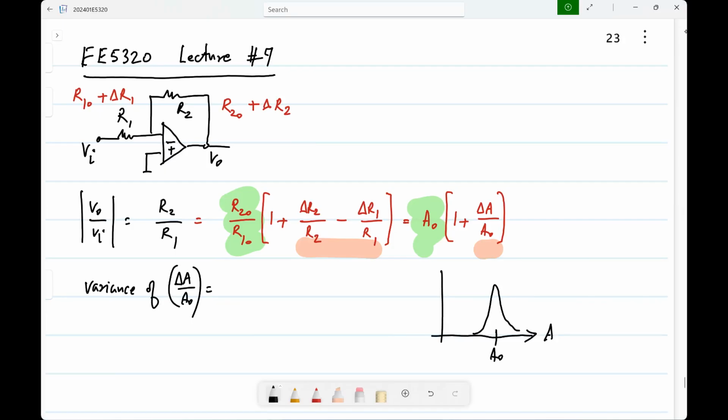So we assume, and this is true, that for physically different components, the errors will be uncorrelated. Okay. So in that case, delta A by A naught is delta R2 by R2 minus delta R1 by R1. Okay. If the errors are uncorrelated, their variances add up, right?